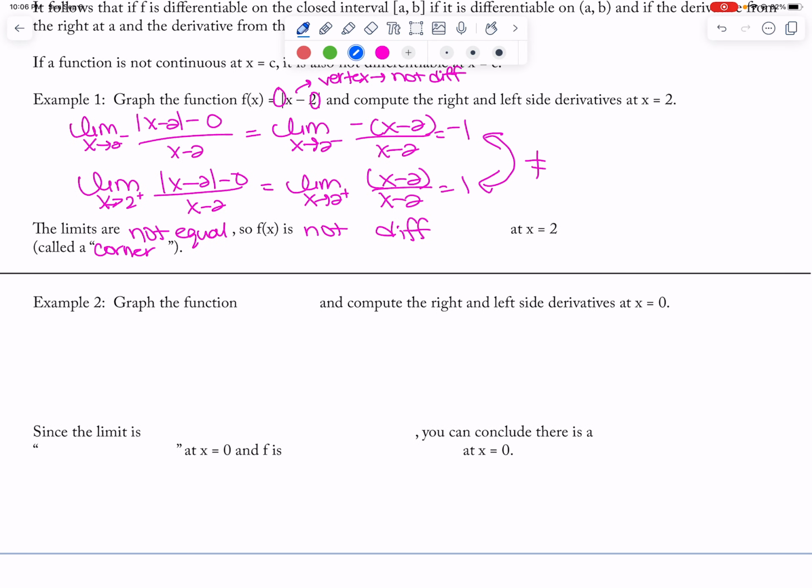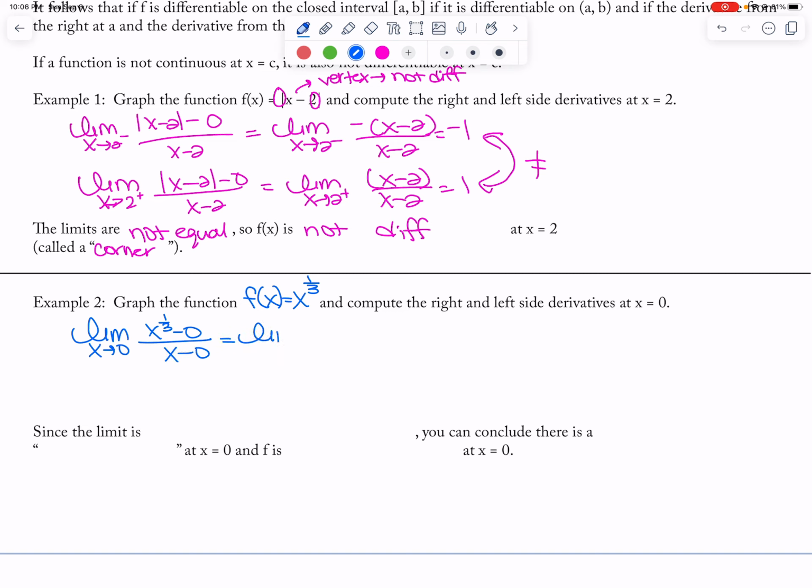And then the graph, the equation isn't here. This should be x to the 1/3 power. So limit as x approaches 0 of x to the 1/3 minus 0 over x minus 0.